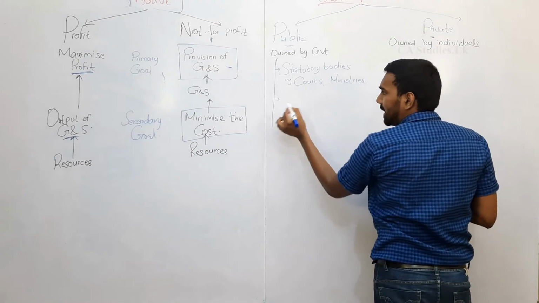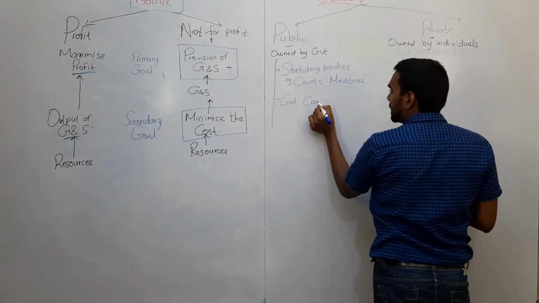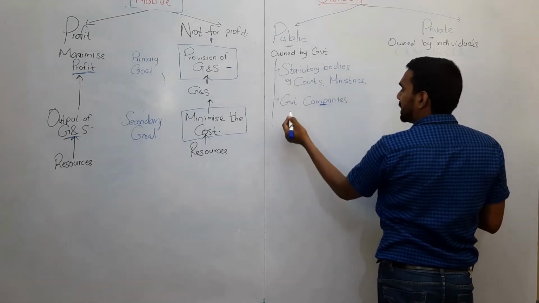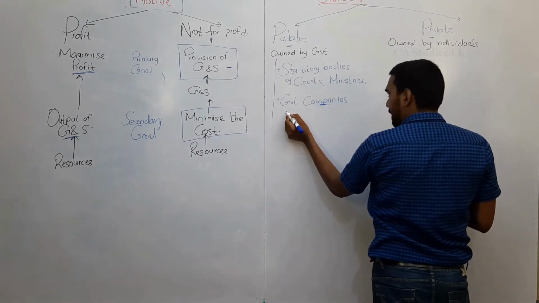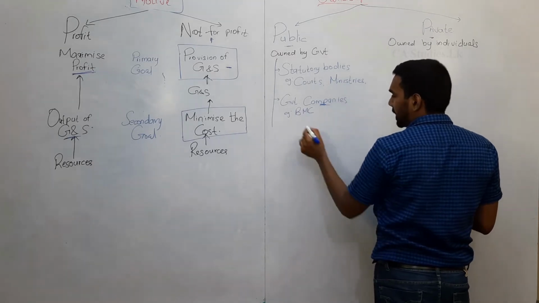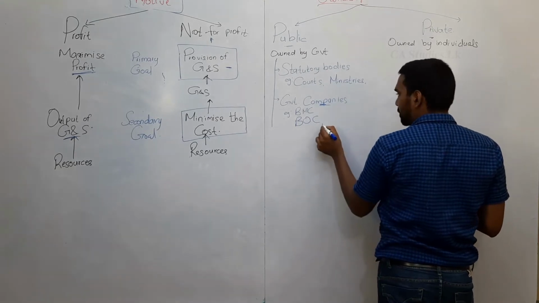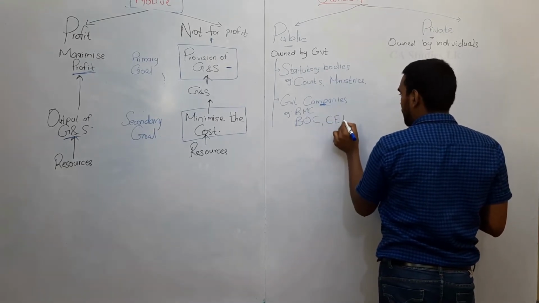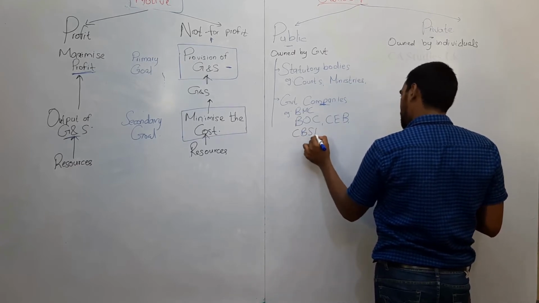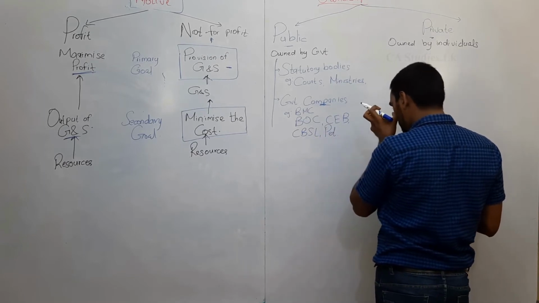And number two, I'll write and then explain. Government companies. The legal form is companies but it is owned by government. Examples: BMC, Buildings Material Corporation, BOC, Bank of Ceylon, Ceylon Electricity Board, Central Bank of Sri Lanka, and Petroleum Corporation, right?